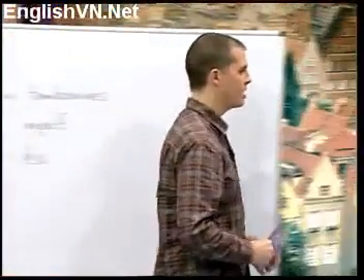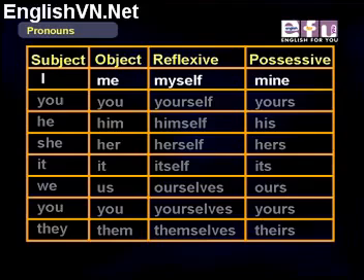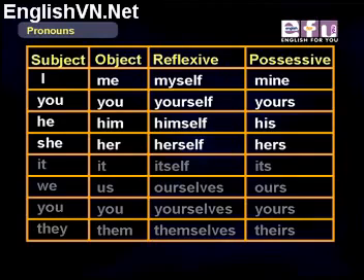Well, here is a chart that can help you remember. I, me, myself, mine. You, yourself, yours. He, him, himself, his. She, her, herself, hers.